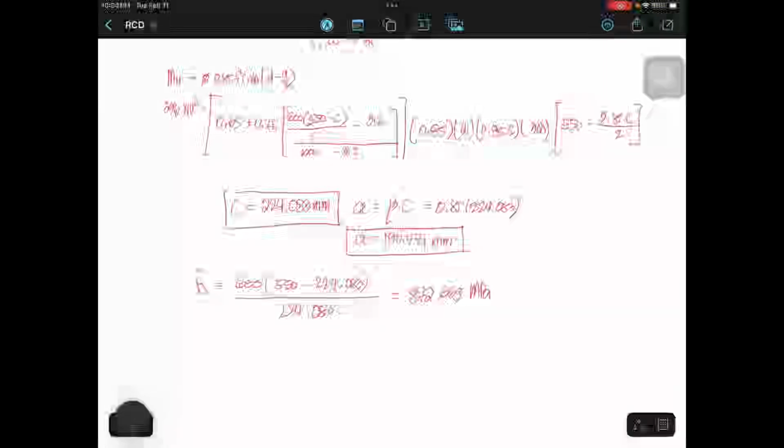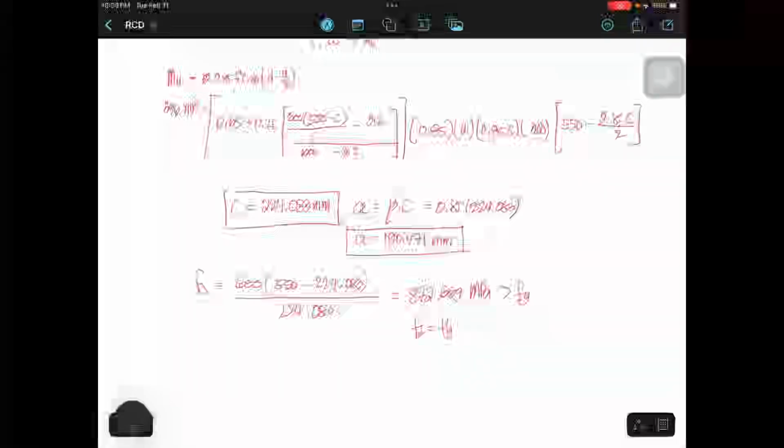Since it is greater than Fy, we can safely say that Fs is equal to Fy, because Fs is larger. This is already its maximum. Usually, only Fy is given.